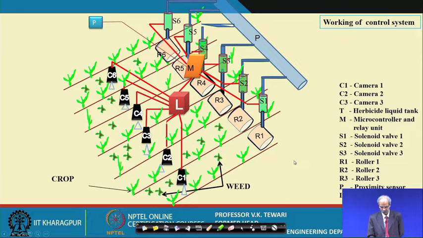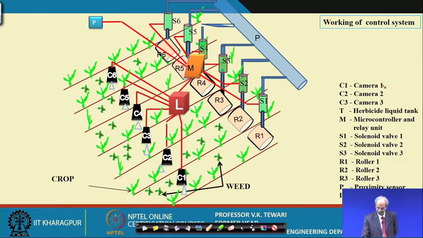So, you can see here that it comes to the rollers, and now this is the information. Once it goes to the controller, then the whole information is now taken care of. This is the weed here, this is the weed here, and these are the locations where your camera is there. So, the whole system is dragged.